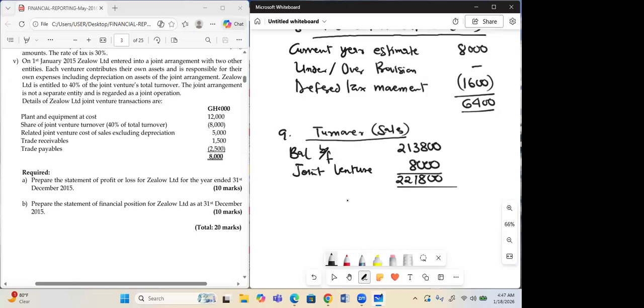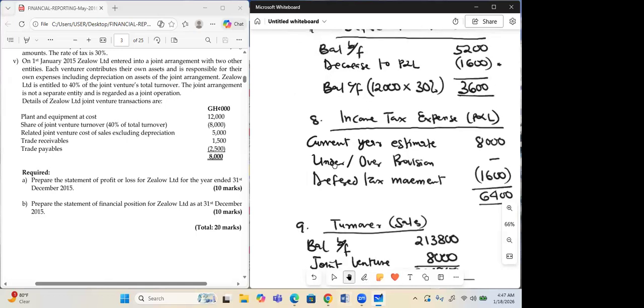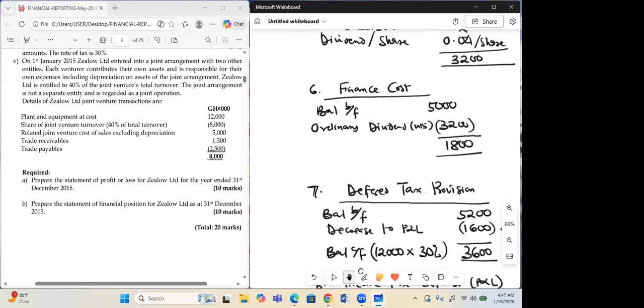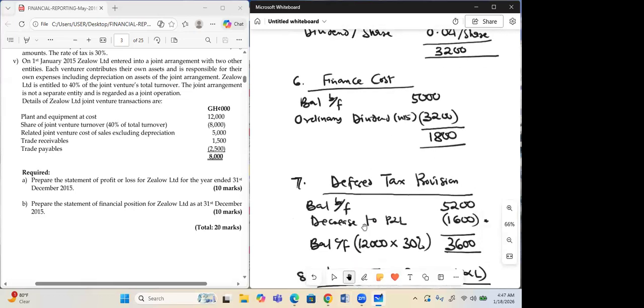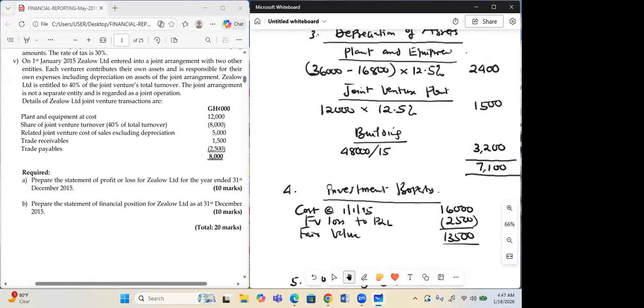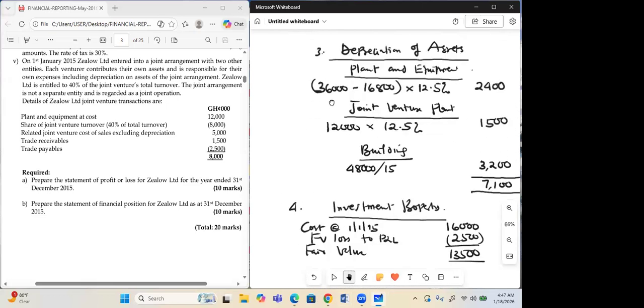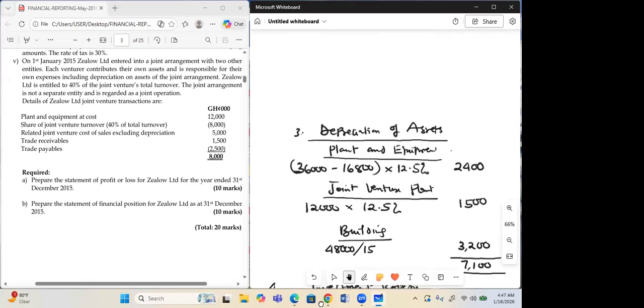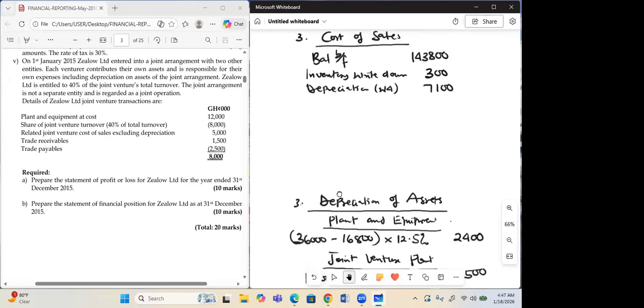Then we have joint venture cost of sales. So you go and add it to the cost of sales. Let's go up there. Our cost of sales account is there, remember. So where is our cost of sales? It's at the top.